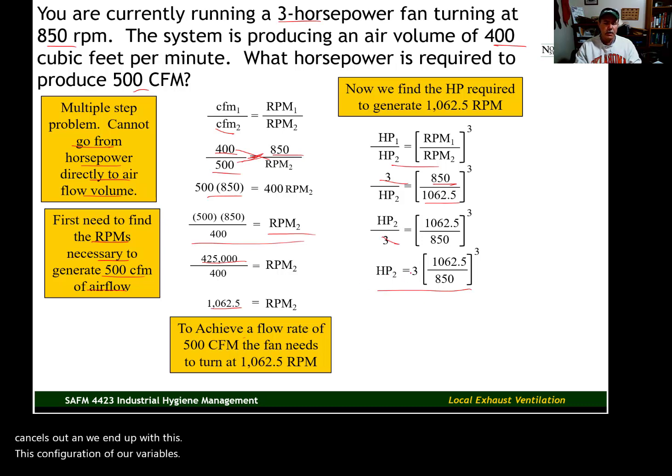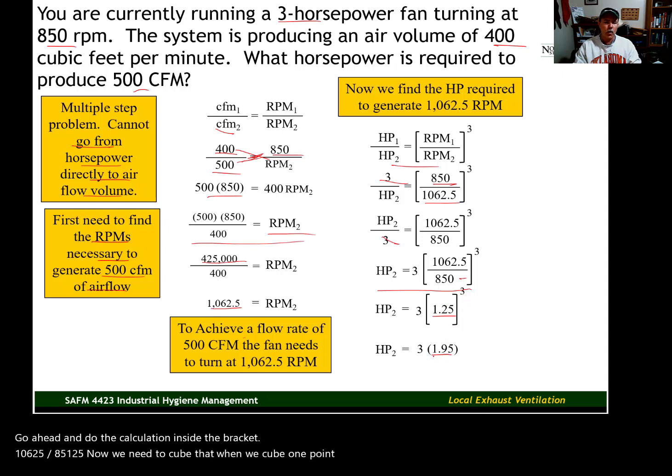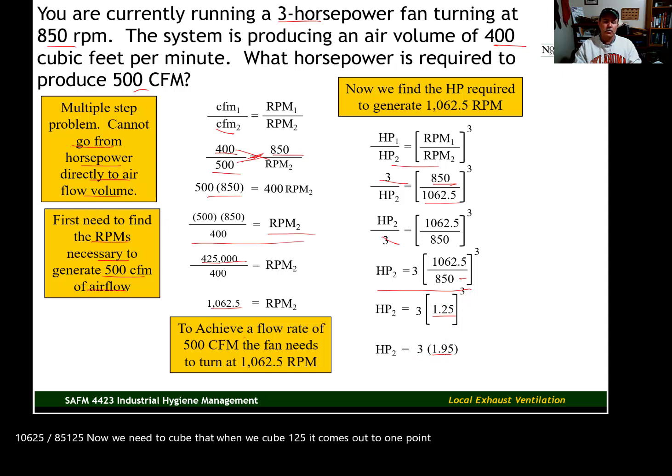Horsepower at time 2 equals 3 times this term. Go ahead and do the calculation inside the bracket. 1062.5 divided by 850 is 1.25. Now we need to cube that. When we cube 1.25, it comes out to 1.95. Multiply the 1.95 times 3, and there's our horsepower.